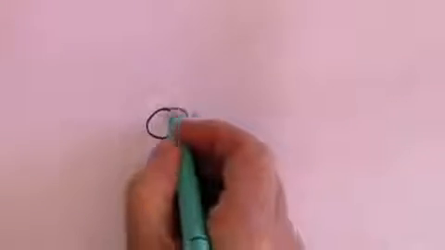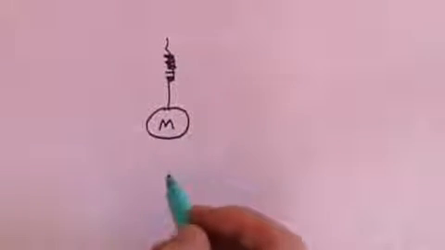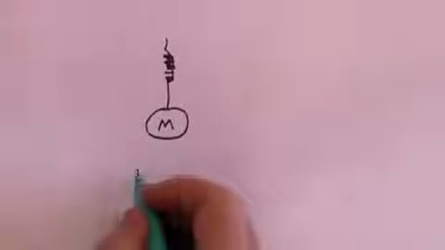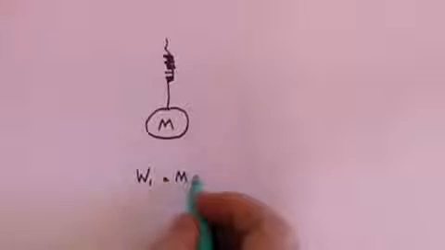So let's see how it works. If you take a mass, let's call it M, and you weigh it using a spring balance, which uses the principle of Hooke's law, which I've covered in another video, you will find that the weight, of course, is equal to the mass times the gravitational attraction.